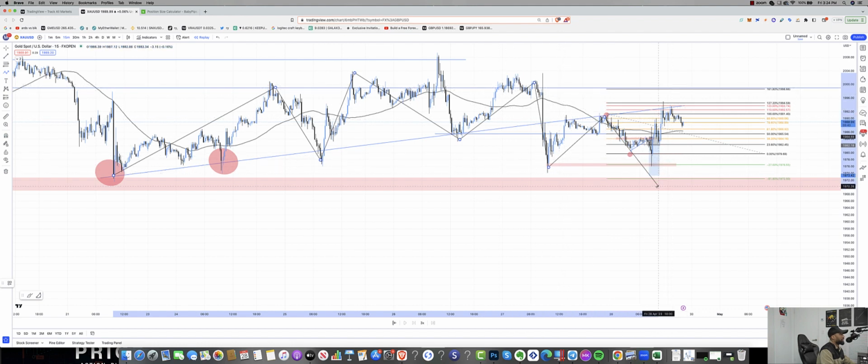So I was anticipating the price to come down into this area and maybe continue a downtrend from here, but we did not fully get that.